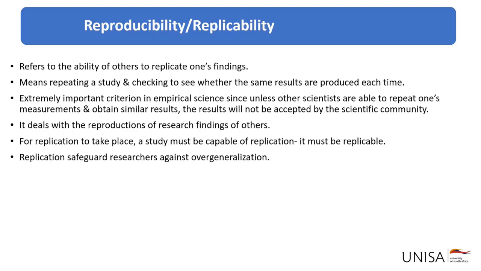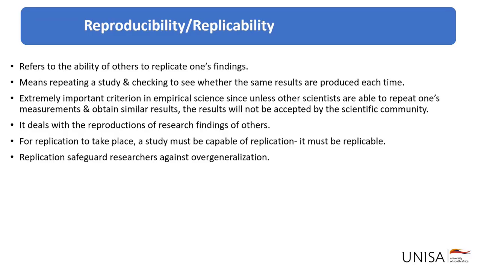Reproducibility means repeating a study and checking whether the same results are produced each time. If I follow the same study, use the same sample size, and apply the same techniques, I should produce the same results.